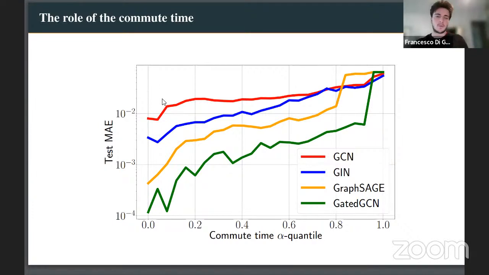So what we expect, because the capacity is kept fixed, is that as we increase the commute time, the performance should deteriorate quite significantly. And this is what we observe. On the y-axis, you have the mean average error. You can see how across all the models, such error increases, sometimes even by an order of magnitude, as we increase the commute time of the nodes whose information has to be mixed according to our task.